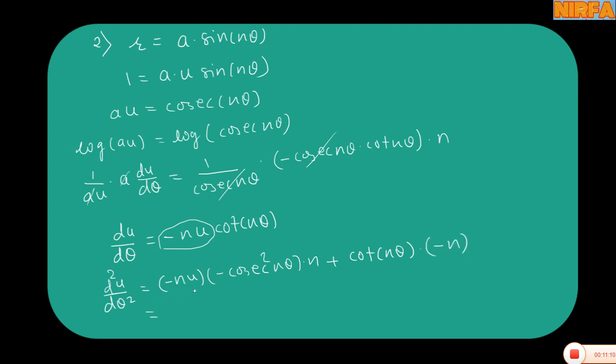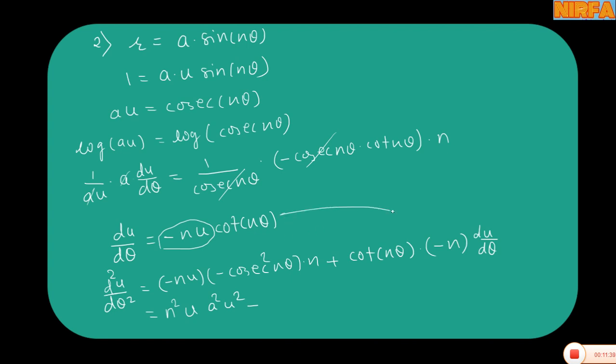So after simplification, this minus minus gets plus, so we'll get n square into u cosec square n theta, and we know that cosec n theta is au, so its square is a square u square. Minus n, and this is the remaining du by d theta.